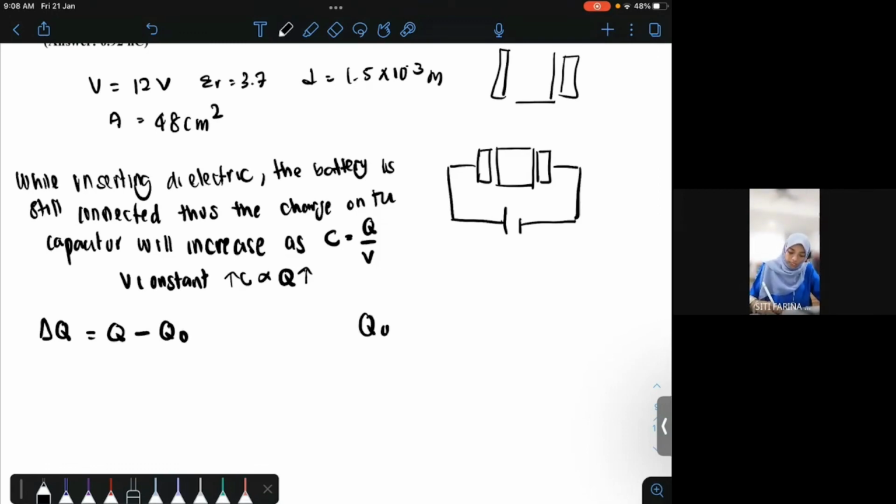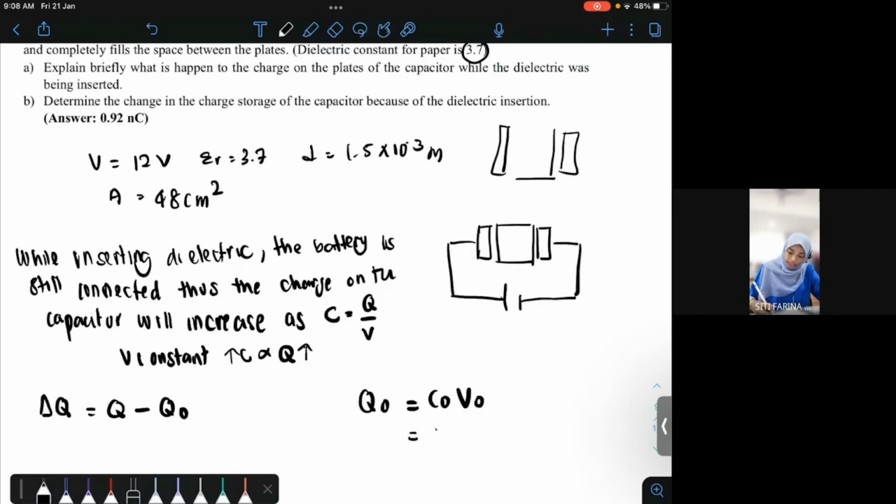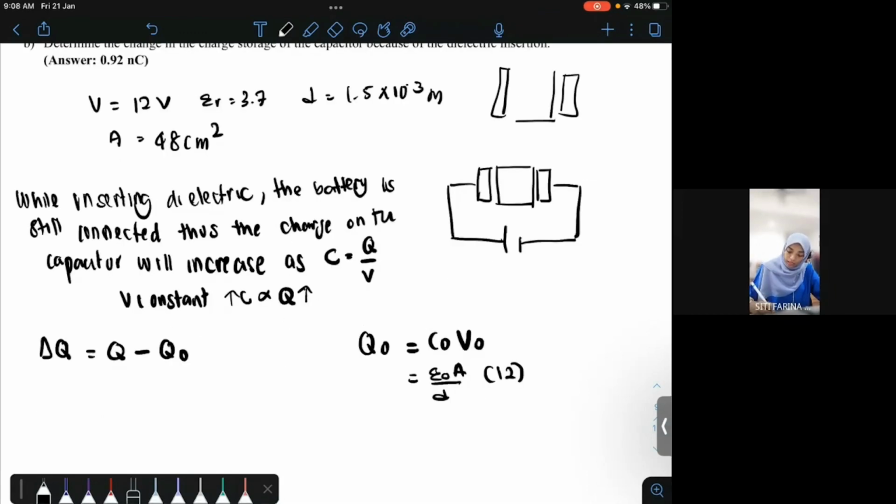Okay, before you insert dielectric, Q naught, C naught, V yang asal, V naught. Okay, C naught. Okay, dia tak bagi, kita kena cari epsilon naught A over D. And then V naught dia bagi 12. Okay, ni 8.85 eksponen negatif 12. Area adalah 48 centimeter square. And then your distance here.